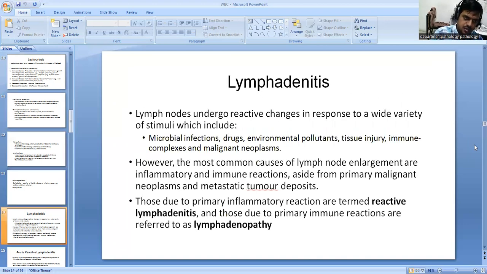Lymphadenitis. Lymph nodes undergo reactive changes in response to a wide variety of stimuli, which include microbial infections, drugs, environmental pollutants, tissues, and tissue injury.